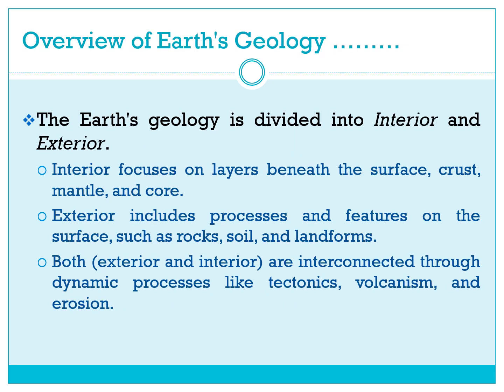Overview of Earth's geology. Earth's structure and processes are broadly divided into two main aspects: interior geology and exterior geology. Interior focuses on layers beneath the surface: crust, mantle, and core. It explores the composition and dynamics of Earth's interior.